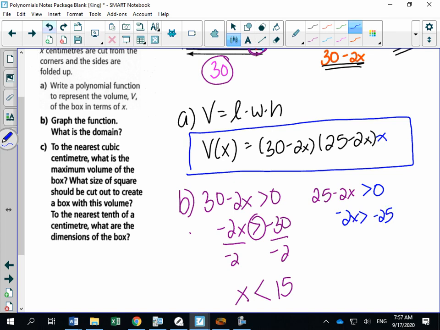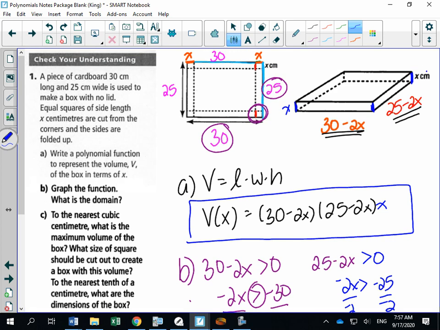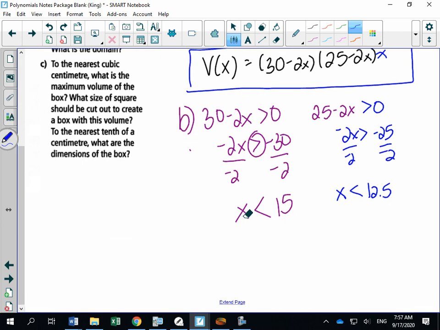And here, divide both sides by negative 2. We got to flip our inequality again, and we get x is now less than 25 divided by 2, which is 12.5. Okay, my last piece of my domain, it's going to be this. And the height, the restriction, is x is greater than 0.